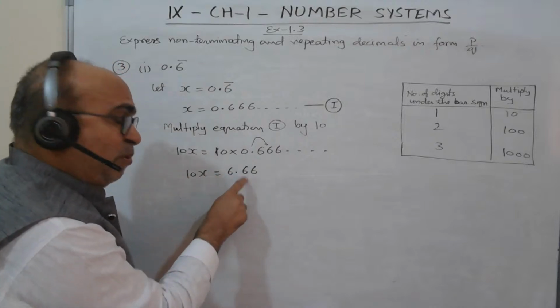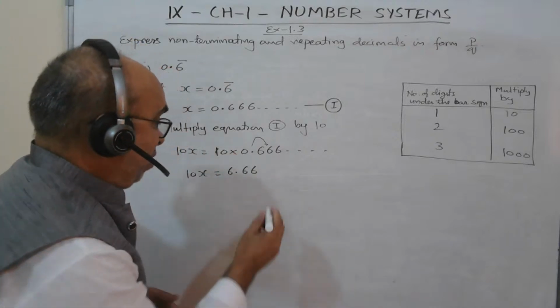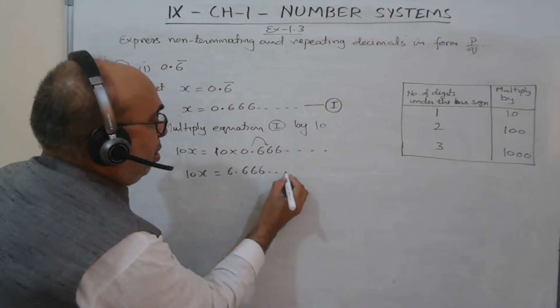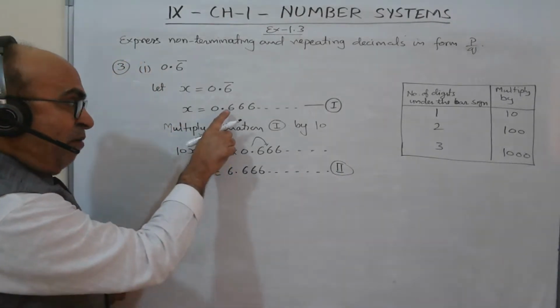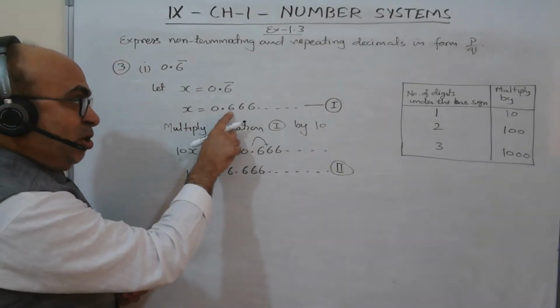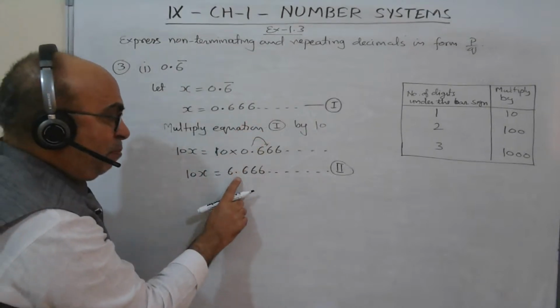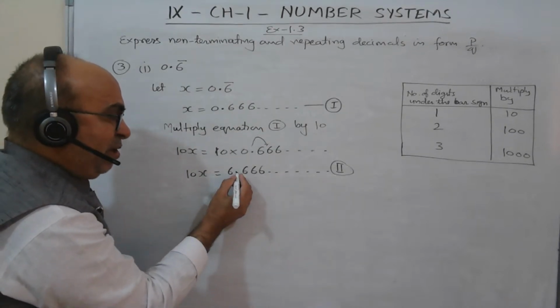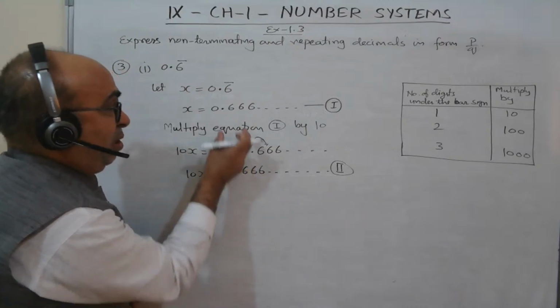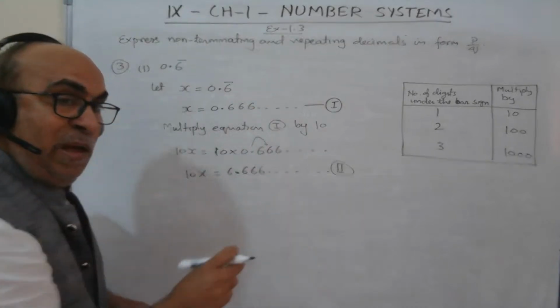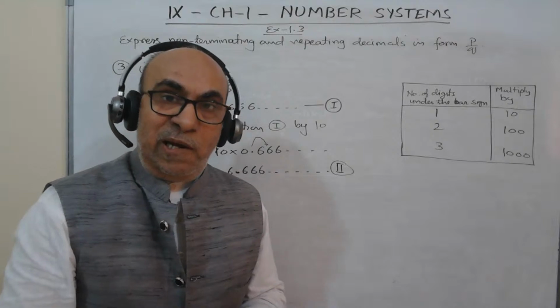So here also you have to write 3 digits, so one more 6 dot dot dot, equation 2. The number of digits after the decimal sign must be the same in both equations. Otherwise you are not going to get the correct answer.